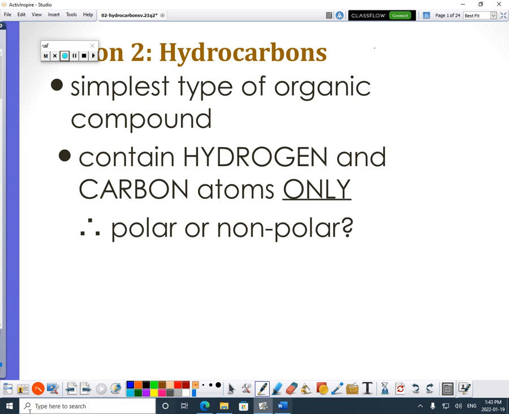Hydrocarbons are the simplest type of organic compounds. They contain hydrogen and carbon atoms only. So hydrocarbon, are they polar or non-polar?